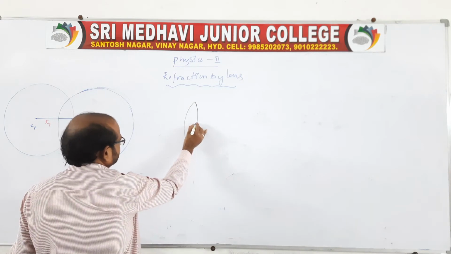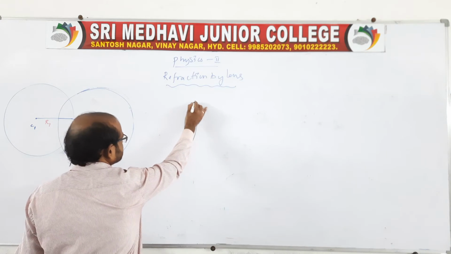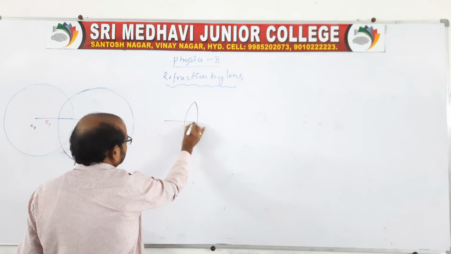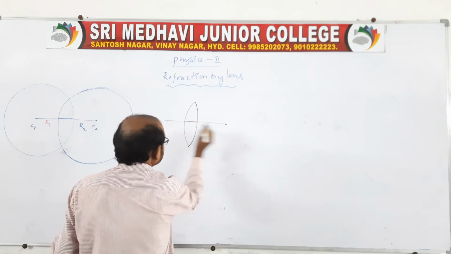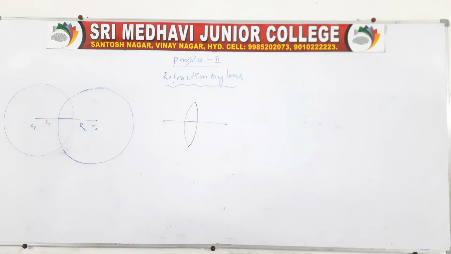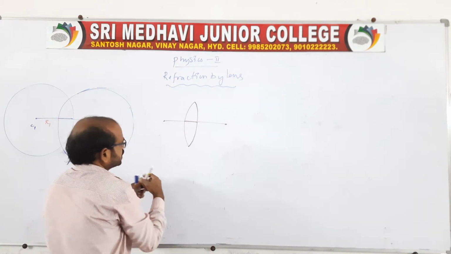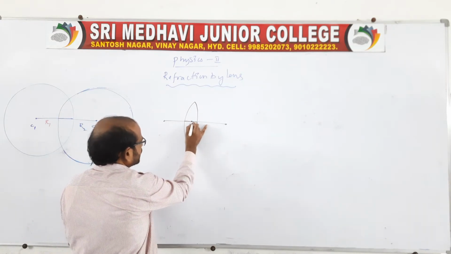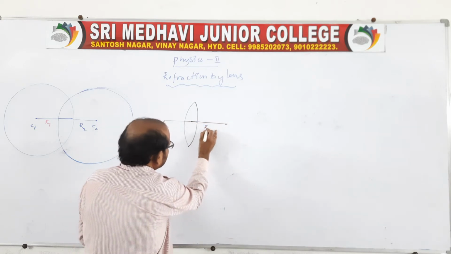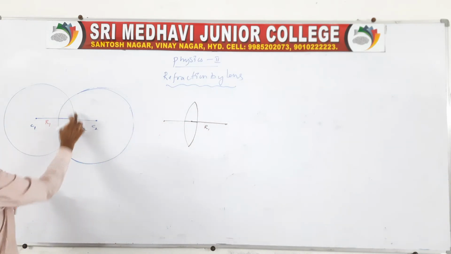Here we can say it is the curvature. You draw one line and another line like this, which indicate the two radii of curvature, and we join them here. It is the radius of curvature of the first one. From here we can measure, it is R1, because it is the first part.